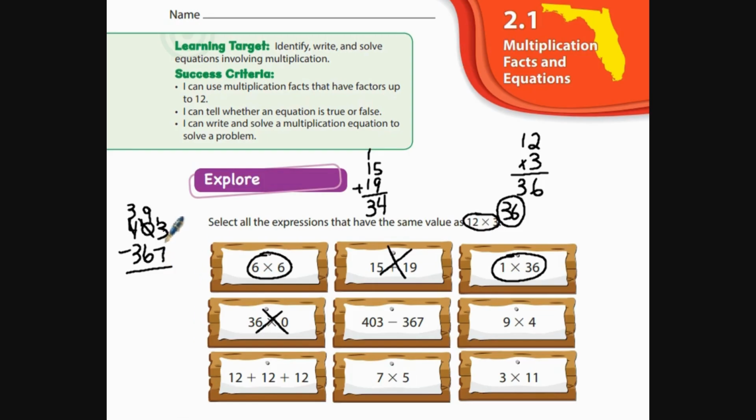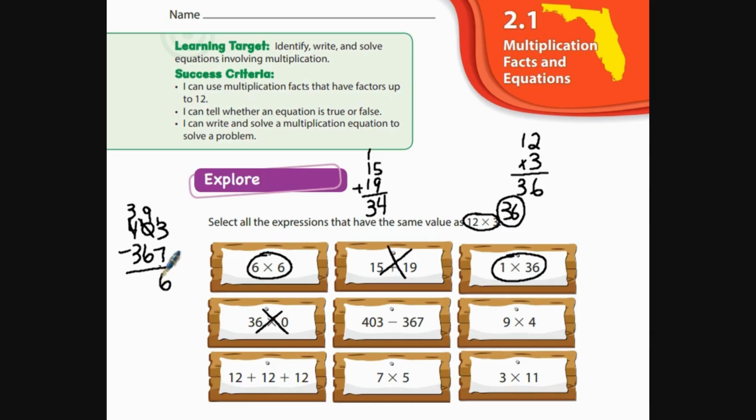Now we have to think, what is 13 minus 7? You could also think what number plus 7 is 13. Well, it is 6.